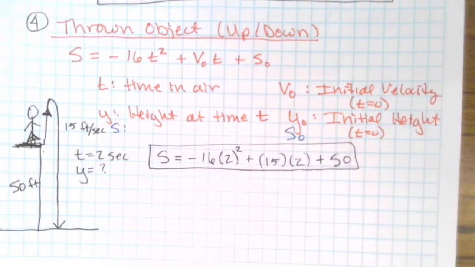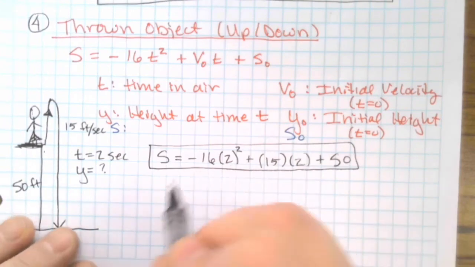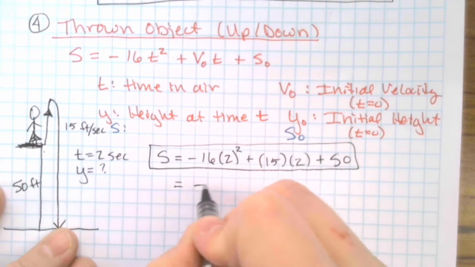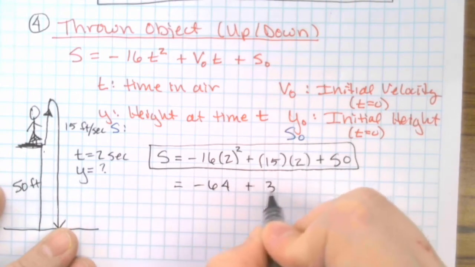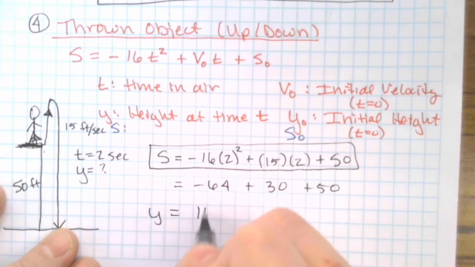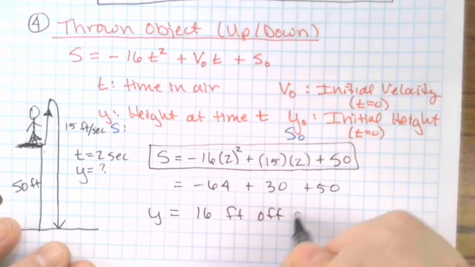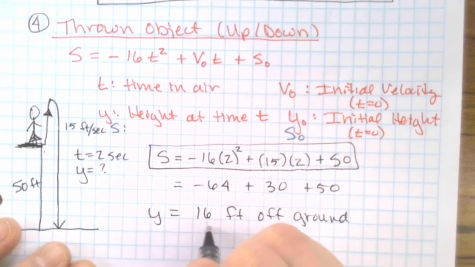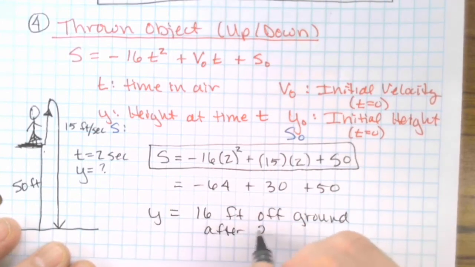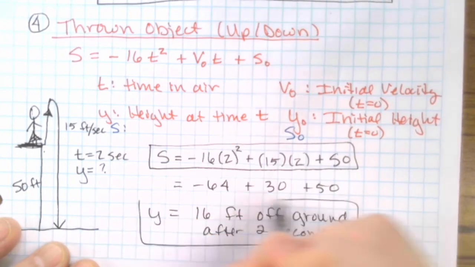Then it's just plug and chug. Be sure and do 2 squared first. 2 squared is 4. 4 times negative 16 is negative 64, plus 30 plus 50, and we get 16 feet. So it's 16 feet off the ground after 2 seconds. That would be your answer.